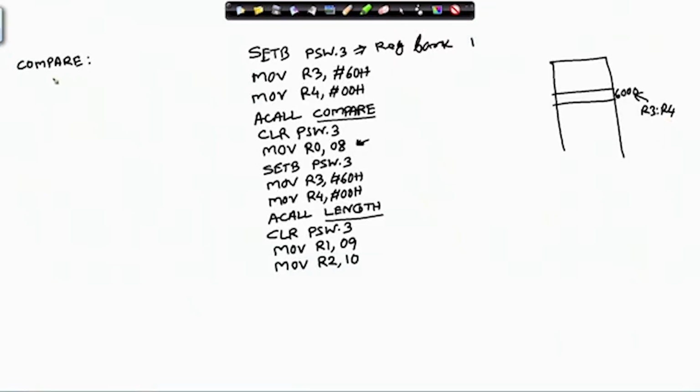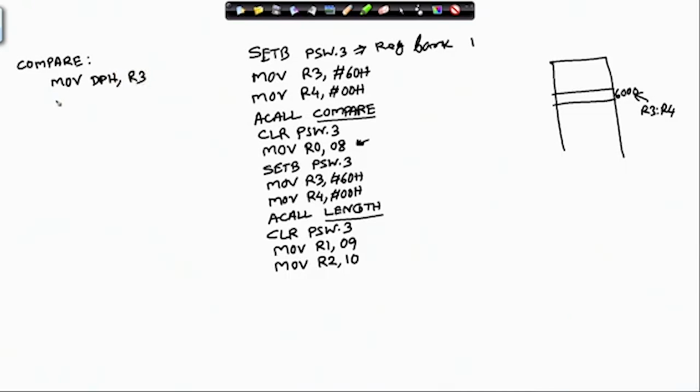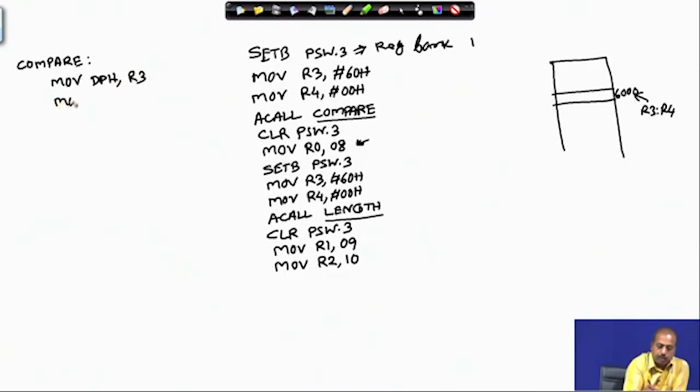So, we MOV DPH, R3, so that 60 comes to DPH, and MOV DPL, R4. So, we have got this 6000 in the DPTR register.